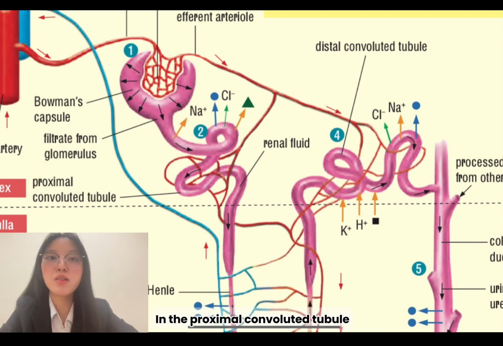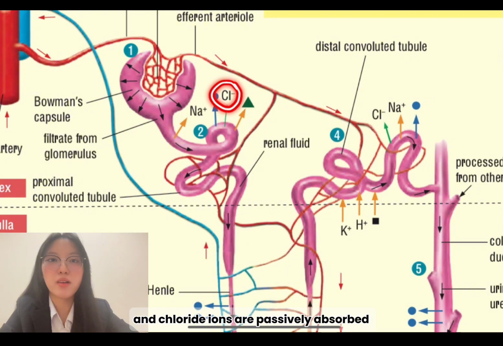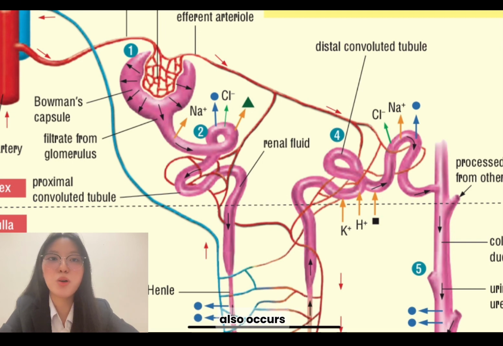In the proximal convoluted tubule, sodium ions are actively pumped out into the blood capillary network, and chloride ions are passively absorbed. The reabsorption of 100% glucose and amino acids also occurs through active transport.